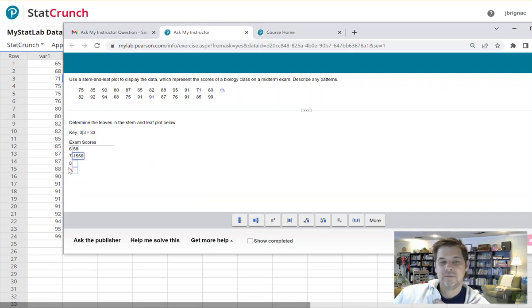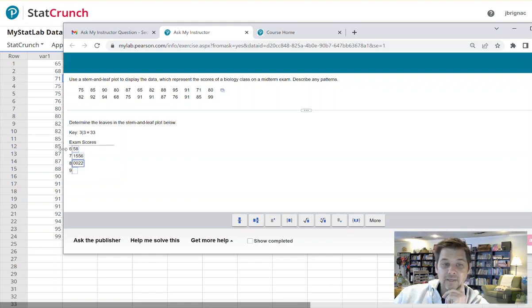What you see right there accounts for the numbers 71, 75, 75 again because there's two of them, and 76. Next for the 80s, I've got two 80s, I've got two 82s. So far I've accounted for 80 and another 80, 82 and another 82.